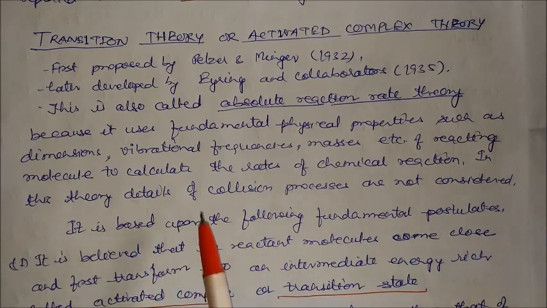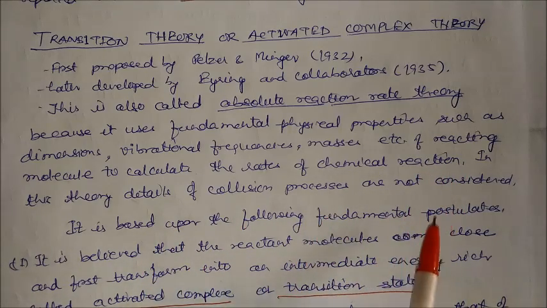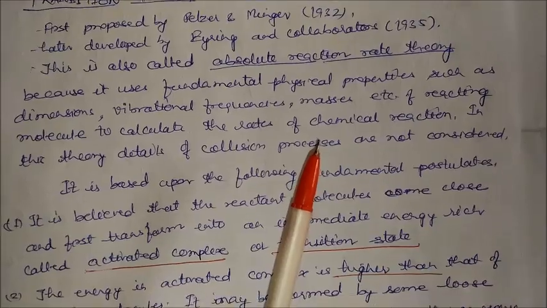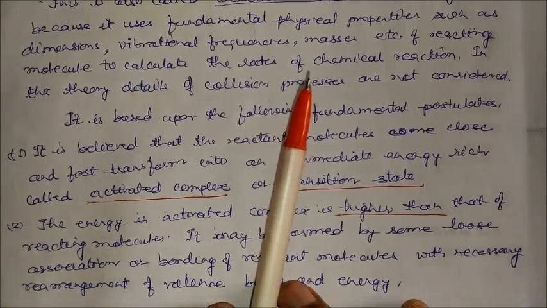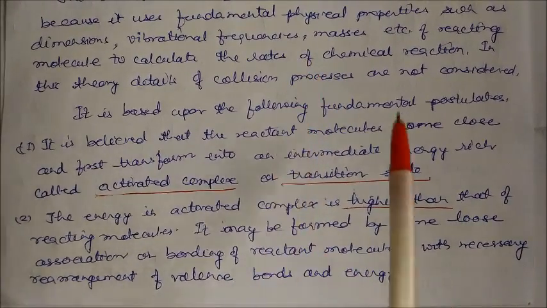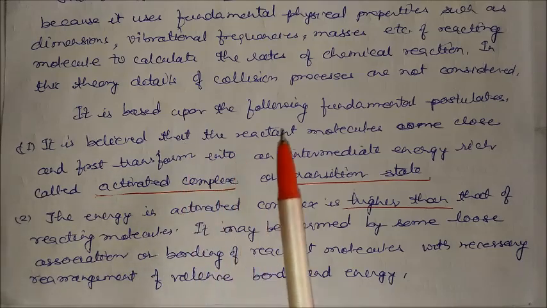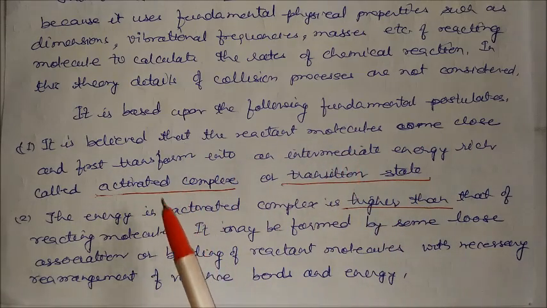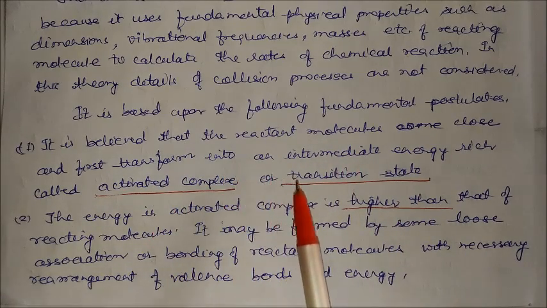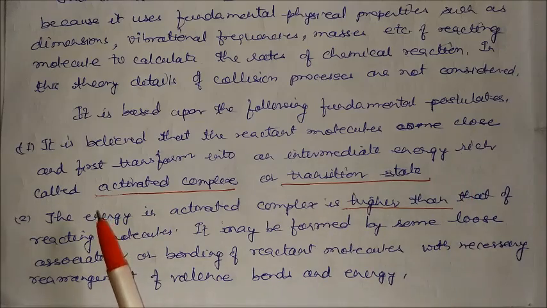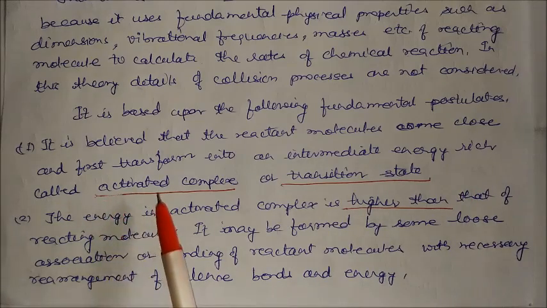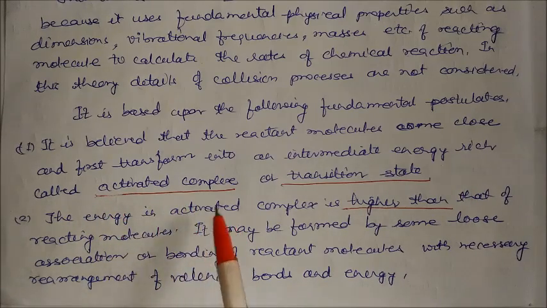In this theory, details of the collision process are not considered. It is based upon the following fundamental postulates. We will see those postulates. It is believed that the reactant molecules come closer and first transform into an intermediate energy-rich compound called the activated complex or transition state.